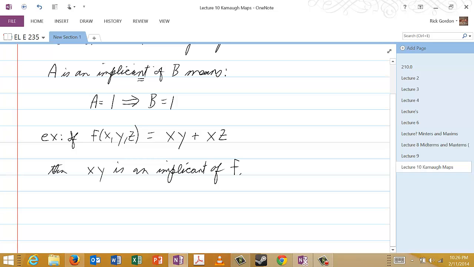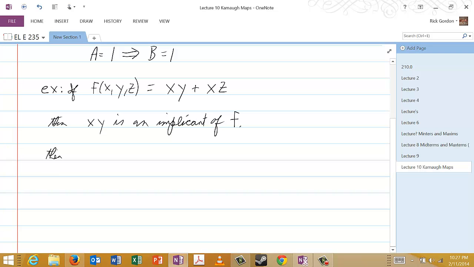The way that we can see that this is true is that if xy is equal to 1, it doesn't matter what xz is equal to. Whether xz is equal to 0 or 1, we know that the value of f is 1, because 1 ORed with anything is still 1. So xy equals 1 implies f equals 1, and thus xy is an implicant of f.